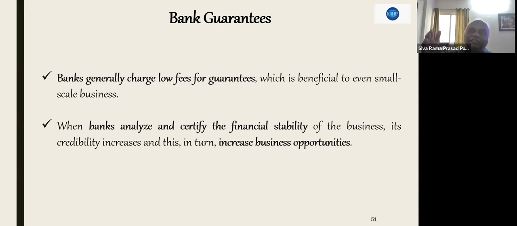Day by day interest is calculated. But in case of bank guarantees, no question of interest, only a one-time fee, that is called commission. That commission depends on the period and amount. Normally, that is very, very low when compared to loans, which is beneficial even for small-scale businesses.